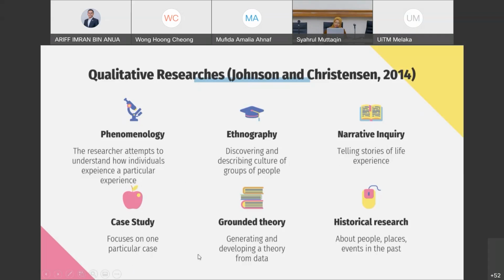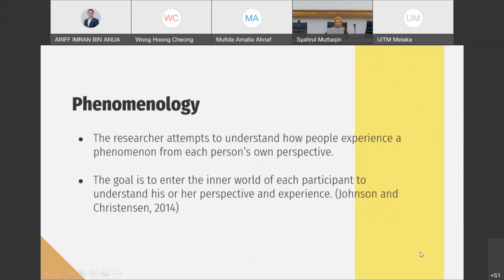And then for grounded theory, it means it generates and develops a theory from data. And then historical research, it will go deeply on people, places, and also events, but all of them are in the past.